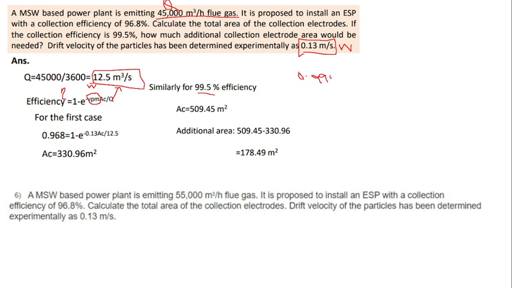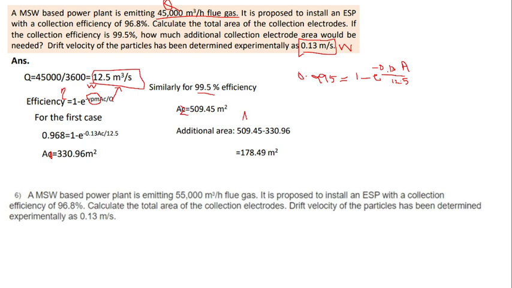Again, for the second case, we have to substitute 99.5% efficiency, which is nothing but 0.995 is equal to 1 minus e power minus 0.13 into area, whole divided by Q obtained, 12.5. So now this is the A1, and the A2 obtained is 509.45.